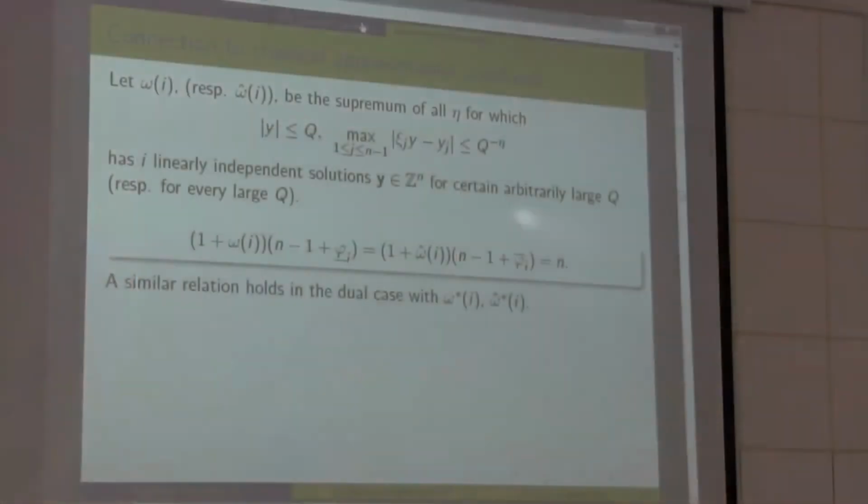At this point I also want to mention that I did everything so far for simultaneous approximation, but the dual problem, approximation of a linear form, can be treated in exactly the same way.